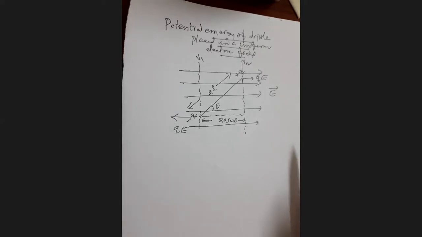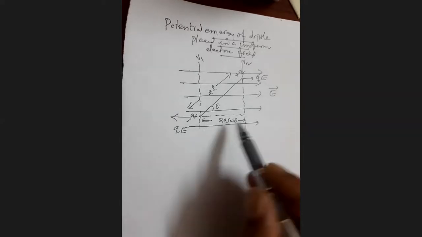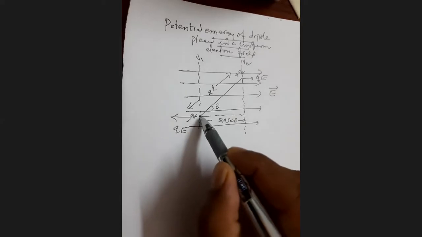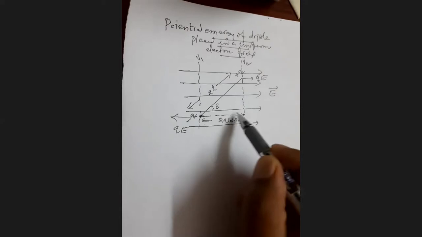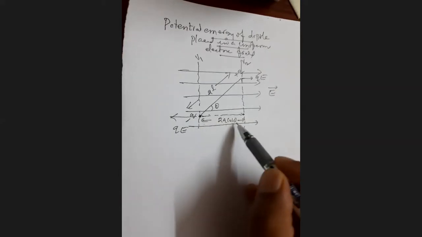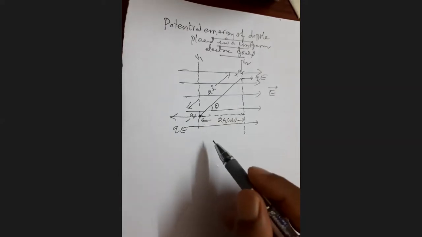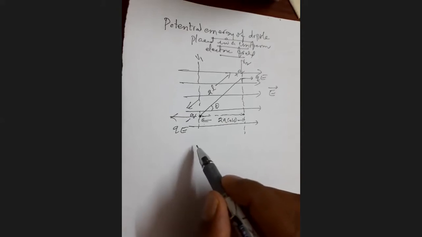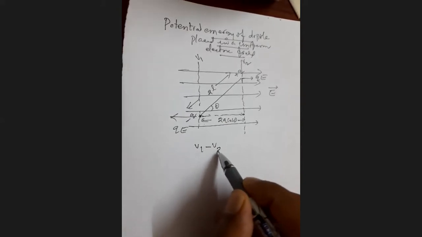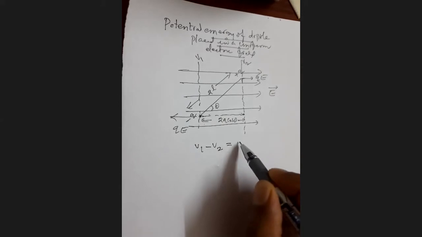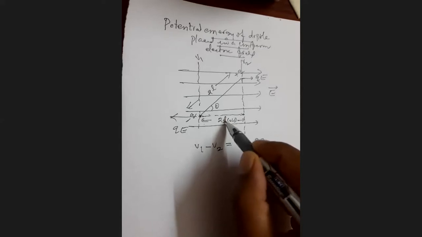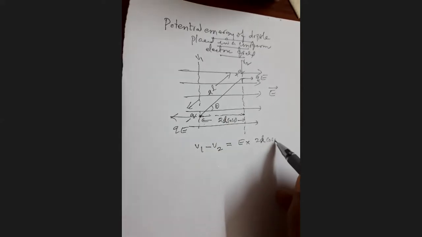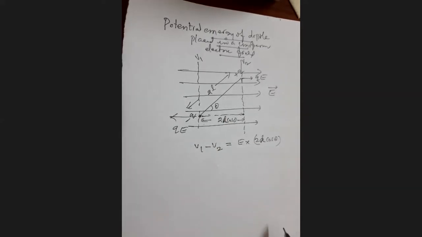The distance between these two points is 2L cos theta. Then the potential difference V1 minus V2 equals E into the distance between them, 2L cos theta. Say this is equation 1.